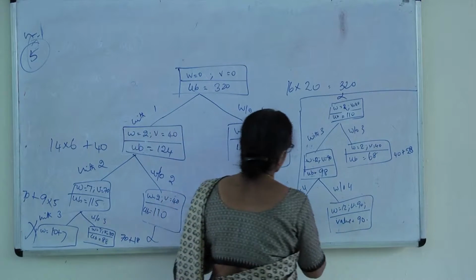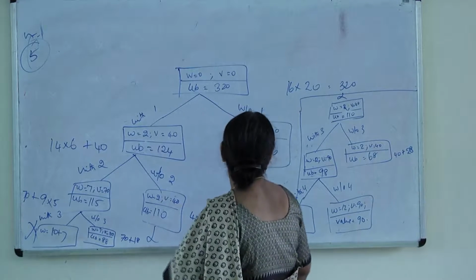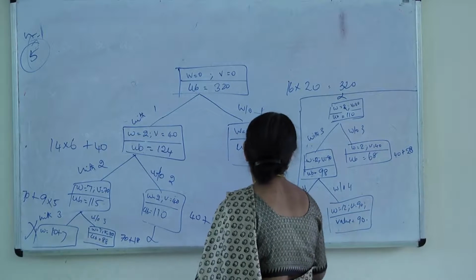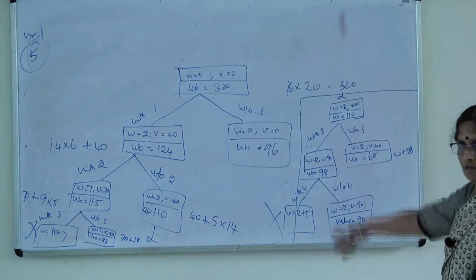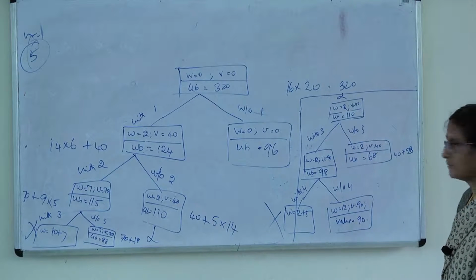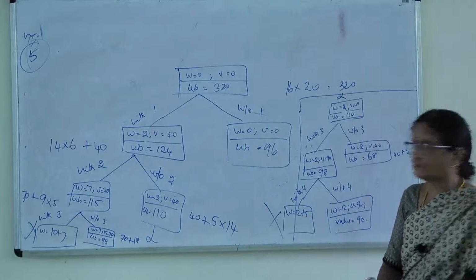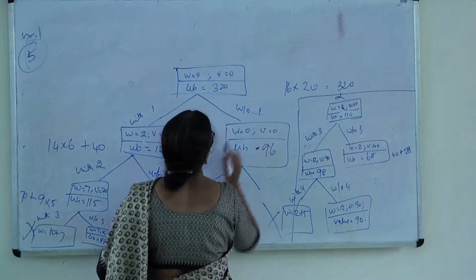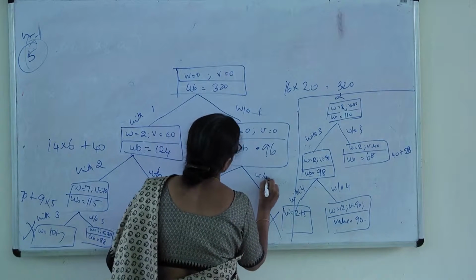So value 98. I have to expand that also. So now I have a 90, a 68 and a 96. So I have to expand this with 2, without 2.